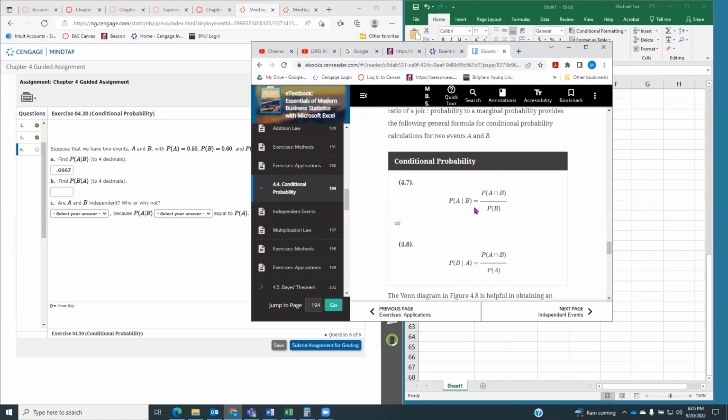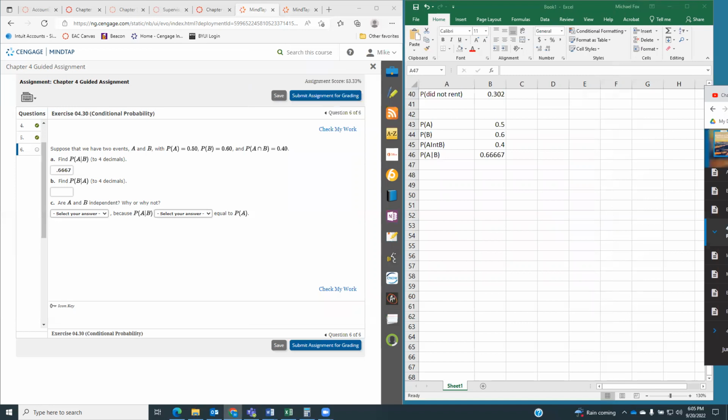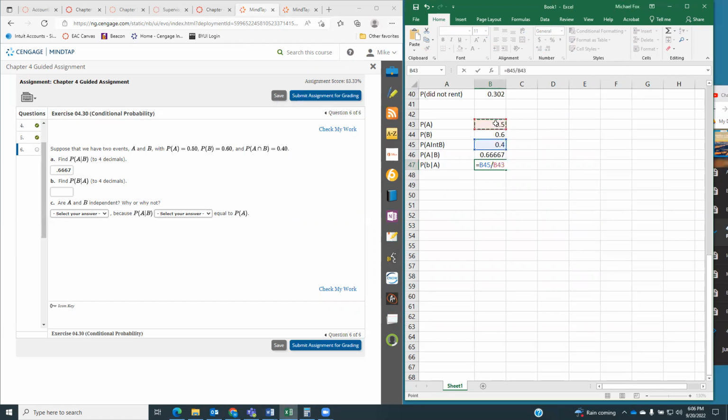The probability of A given B is the probability of the intersection of A and B divided by the probability of B. And the probability of B given A is the probability of the intersection of A and B divided by the probability of A. So the probability of B given A is going to equal the probability of the intersection divided by the probability of A, and that's going to be 0.8.